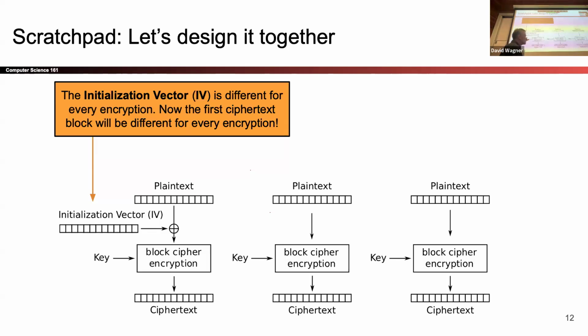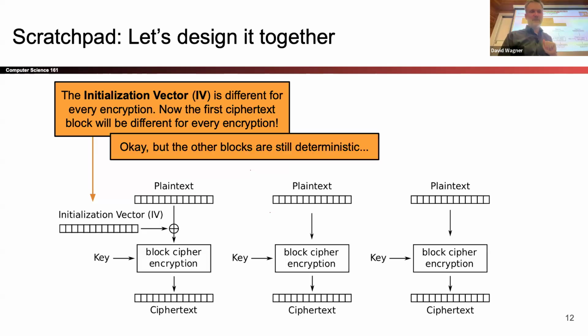This is 128 bits long, the same length as the block length. It's like the pad in the one-time pad scheme, same thing, just a different name. And that gets XORed with the first block of the plaintext. So the first block of plaintext is randomized now, and then we encrypt that XOR.